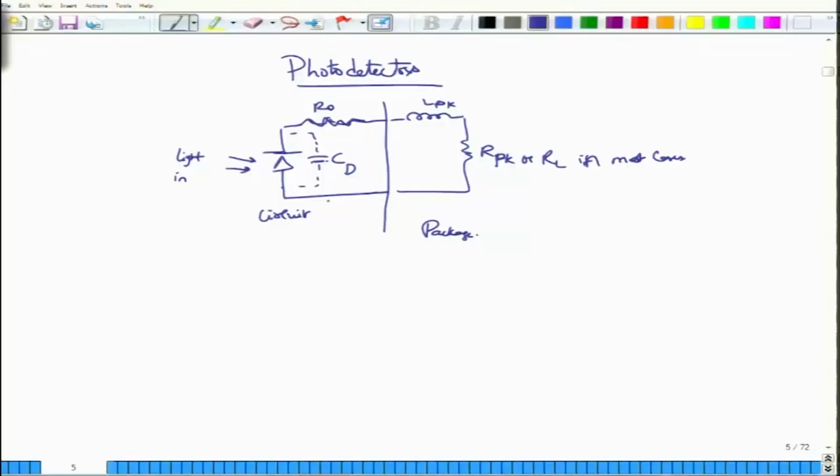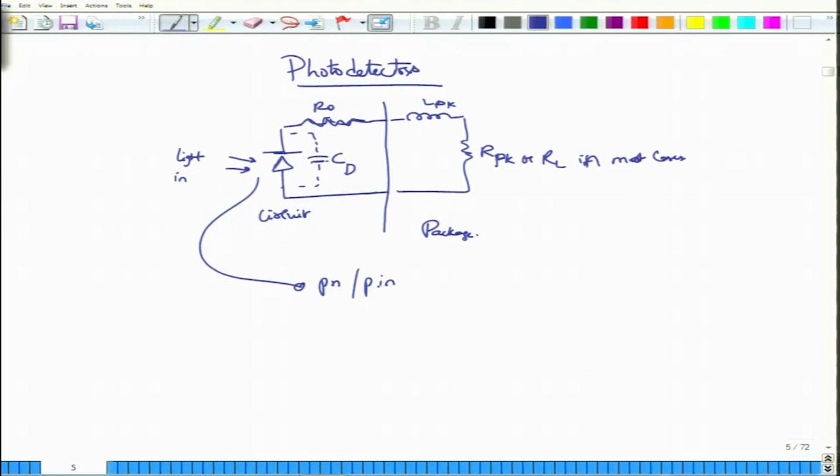This is a circuit representation of a photodetector. This symbol that you see is a PN junction, and don't be worried that it is something else. It is actually a PN junction modified slightly to obtain what is called a PIN junction. PIN stands for P, I, N, where I stands for intrinsic region.